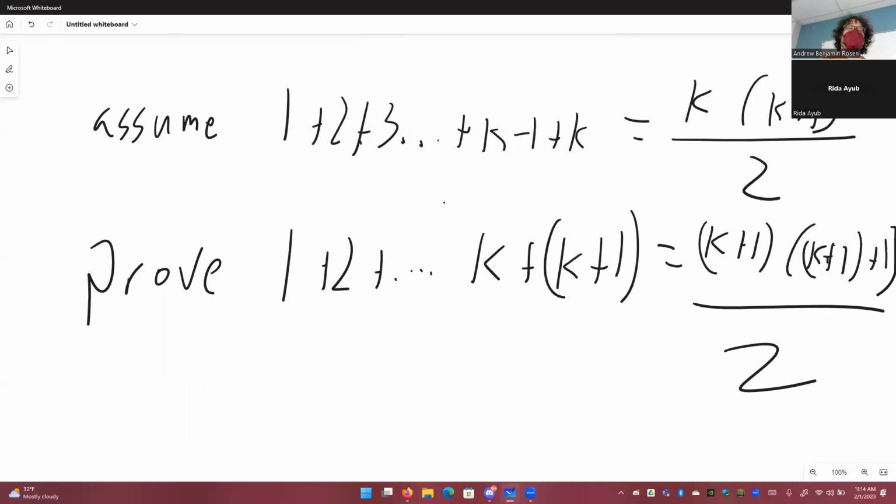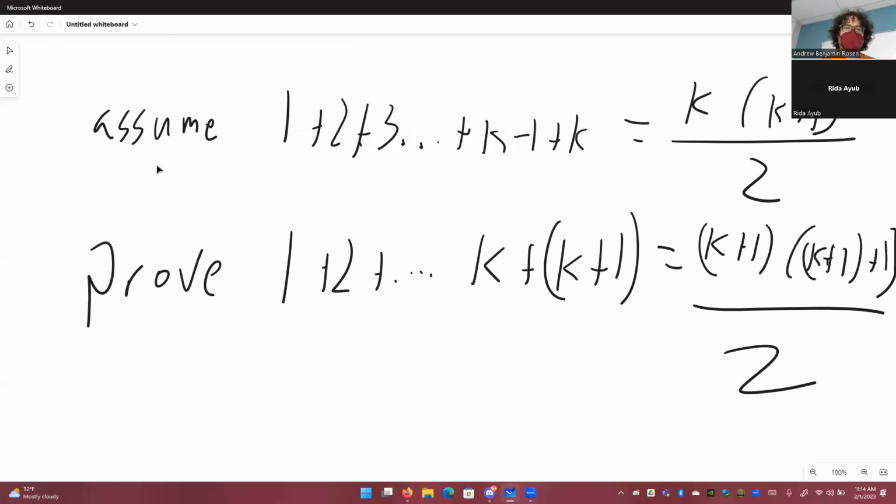So what I've done there is that I assume that it works, we assume that the equation I'm trying to prove is true. And then what I try to do is prove that it works for k plus 1. So I assume that it works. Prove that this works for the next value.